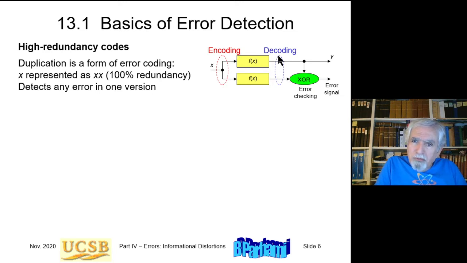So those are trivial operations. We will see that encoding and decoding in general for codes is non-trivial. It involves complexity in terms of circuitry used and also a time delay. So that's basically the price we pay for reducing this redundancy below 100%.